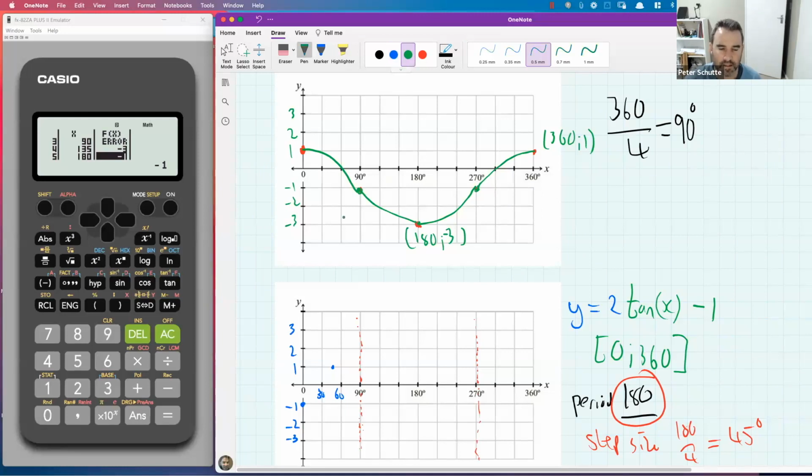And let me make the color different so that we can notice what things we're going in. So 135 would be here, and it would be minus 3. So it's going to be down here. And then 180 is going to be at minus 1, which is here.